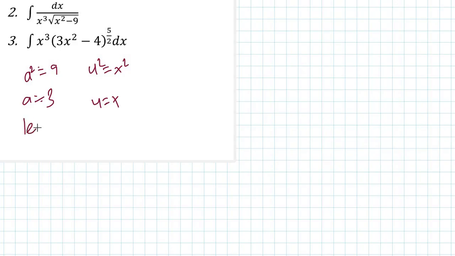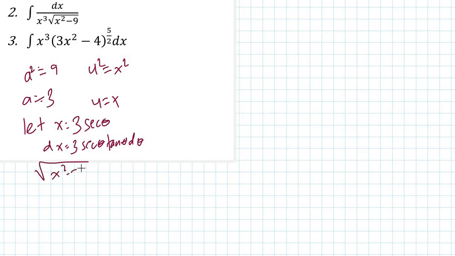Now we let x be equal to 3 secant theta. Finding the differential, dx is equal to 3 secant theta tangent theta d theta. So we can already have the square root of x squared minus 9 equal to 3 tangent theta. But if you want, I highly advise that you form your triangle guide.